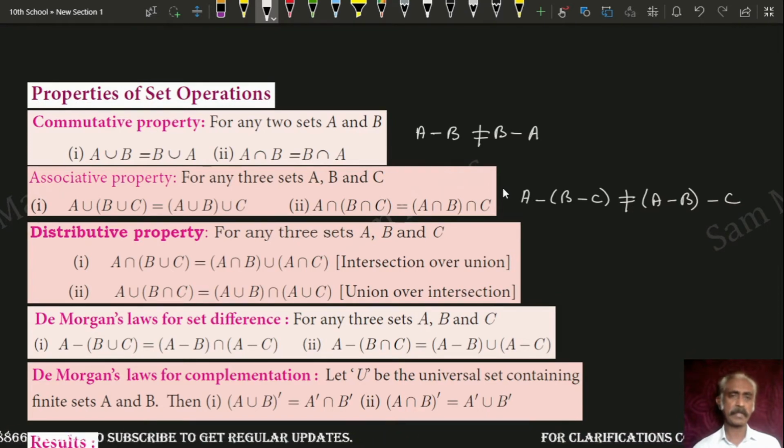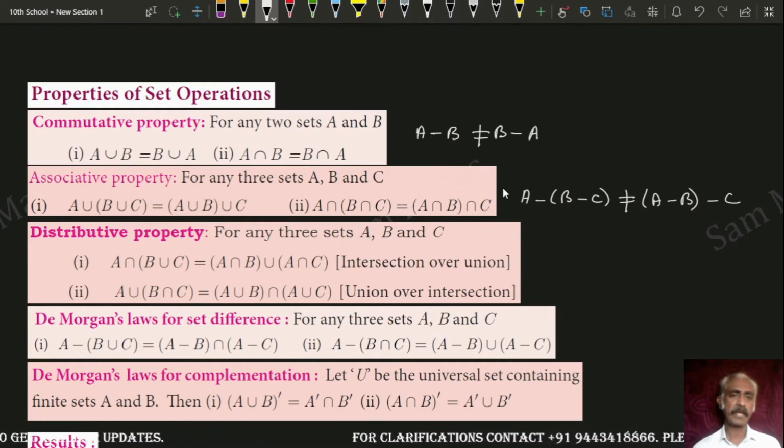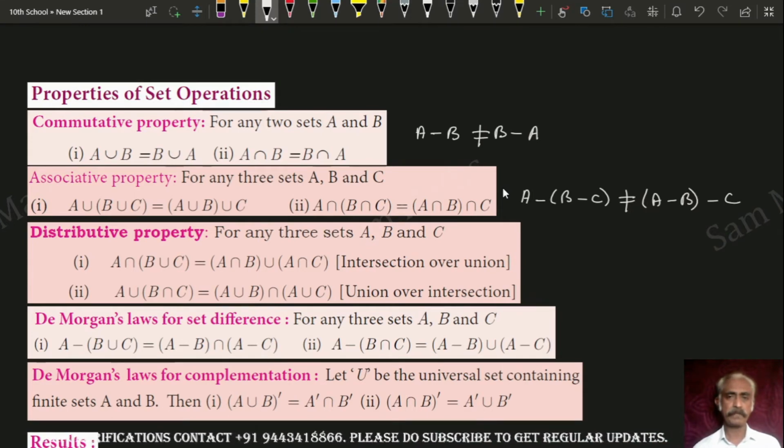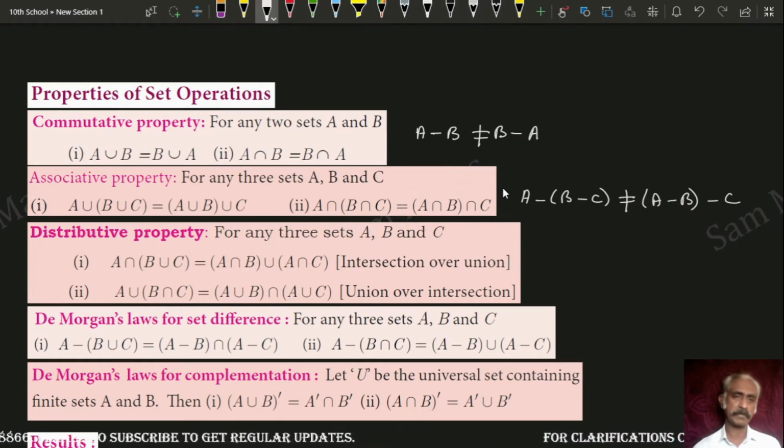Just you recollect the De Morgan's laws for set difference and complementation. First one, A difference (B union C) is equal to (A difference B) intersection (A difference C). Like that, A difference (B intersection C) is equal to (A difference B) union (A difference C). Just you remember these laws, which will be useful while doing the sums.